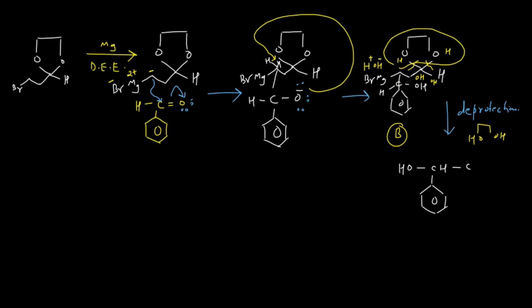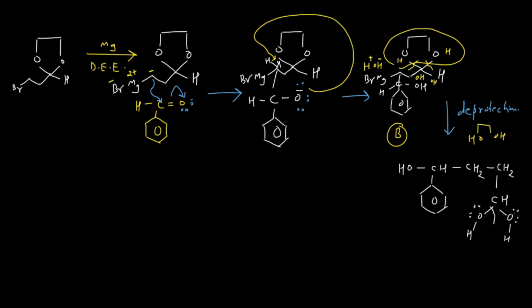This is your CH2. Another CH2 is here. No problem in that. And finally, this is my CH, and that CH will have the OH and OH. Two lone pairs on this one, two lone pairs on this one, two lone pairs on this one. Okay, so what will happen?